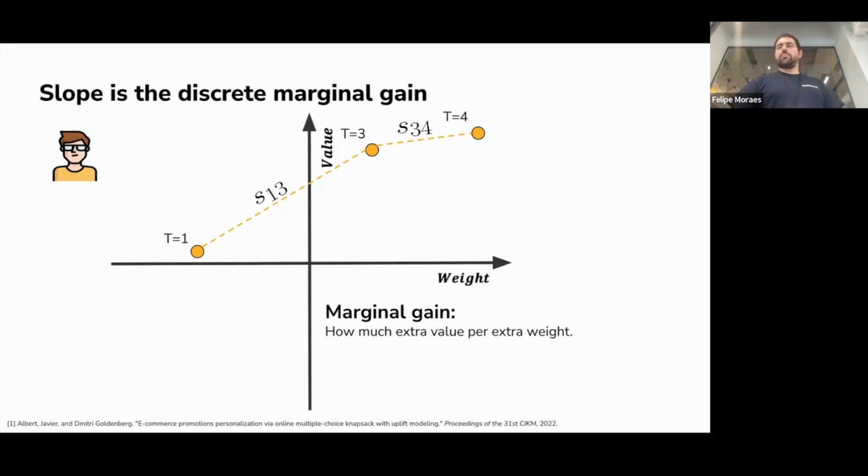If I progress, I can just calculate these slopes, and these slopes can be interpreted as a marginal gain. It means, if I'm at treatment 1, how much extra value per weight do I gain by doing this? They're always monotonically decreasing because we are in a Pareto front. By definition, they always have to be lower slopes because of the way it's constructed.